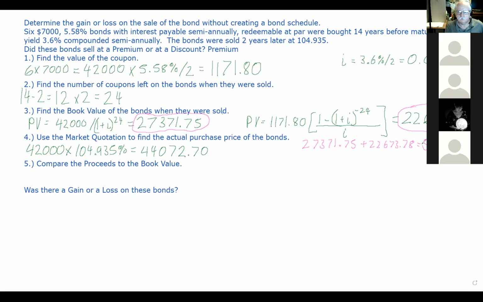So 44072.70 minus 50045.53, and we get negative 5972.83, which is almost exactly what Moodle wants, although they want a 4 here.